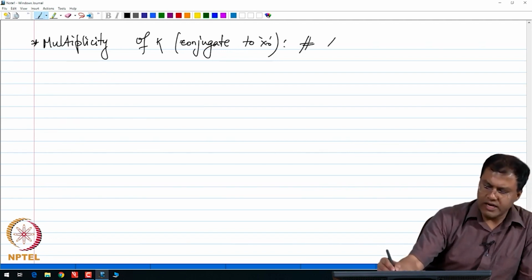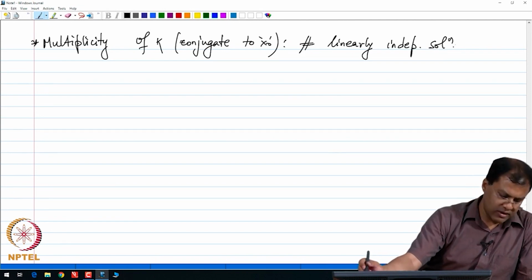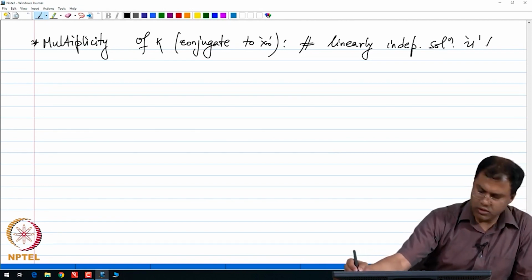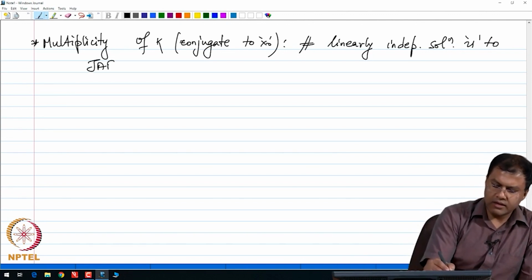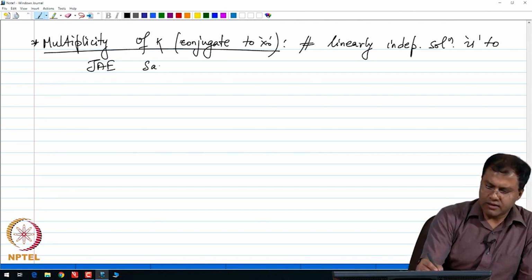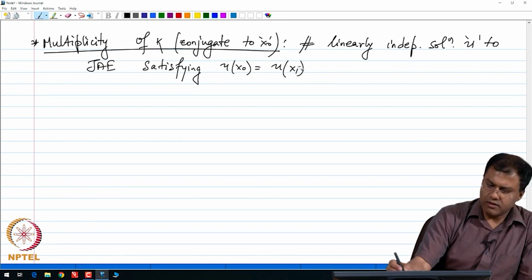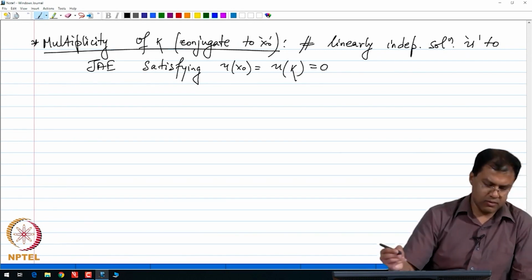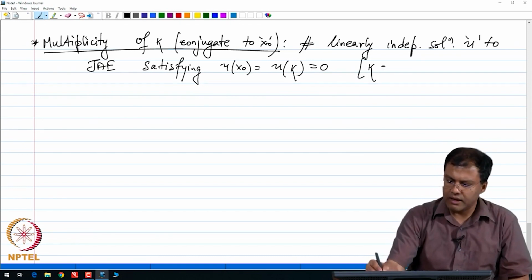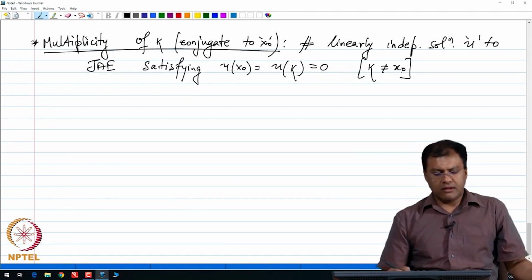So, this is the number of linearly independent solutions u to the Jacobi accessory equation, right, satisfying u of x naught is equal to u of x 1, u of kappa is equal to 0, right, where my point kappa is not equal to x naught. Okay.